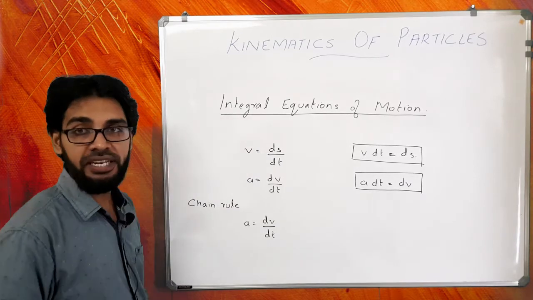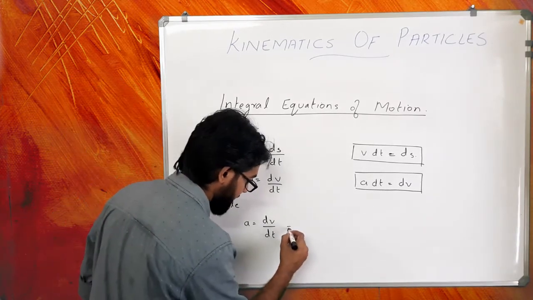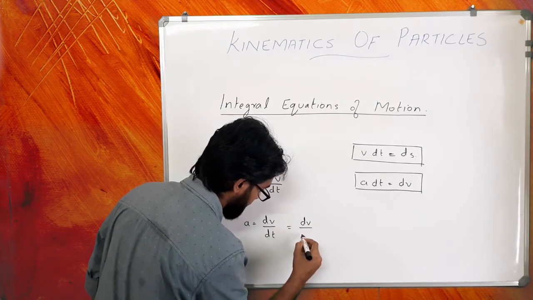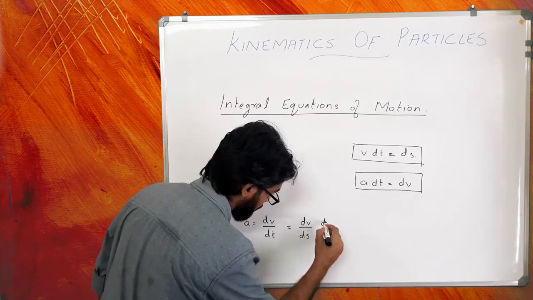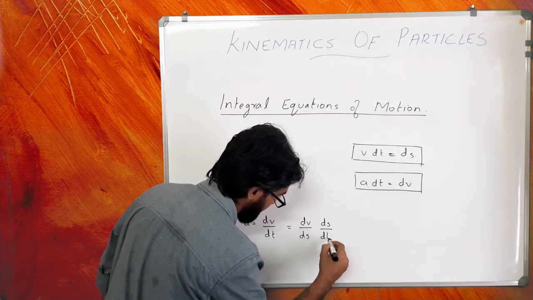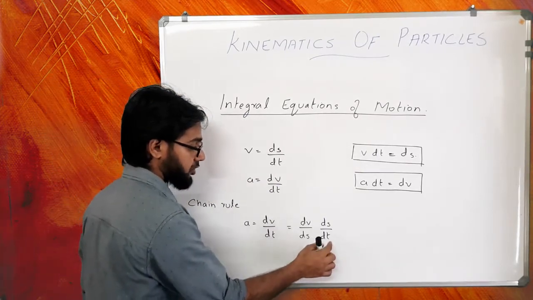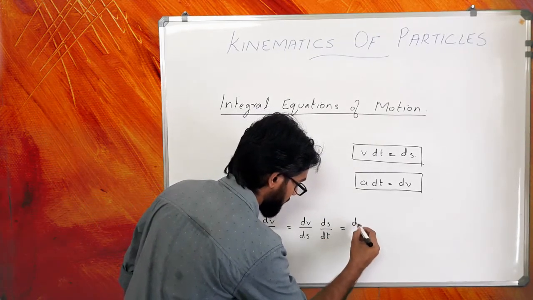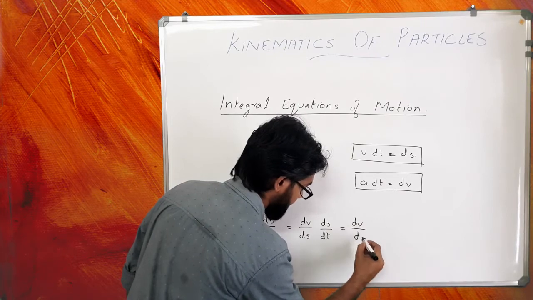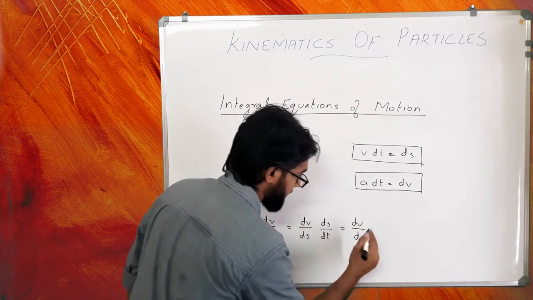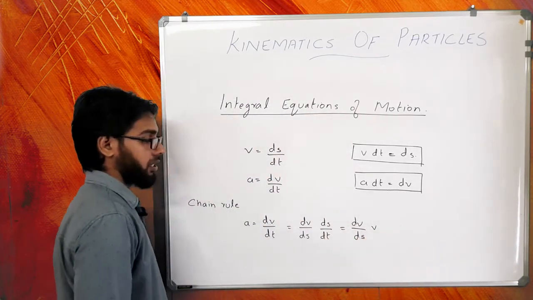Now, dV by dt, which I will represent as dV by ds into ds by dt. Now, this ds by dt is actually velocity. So I have dV by ds times v.